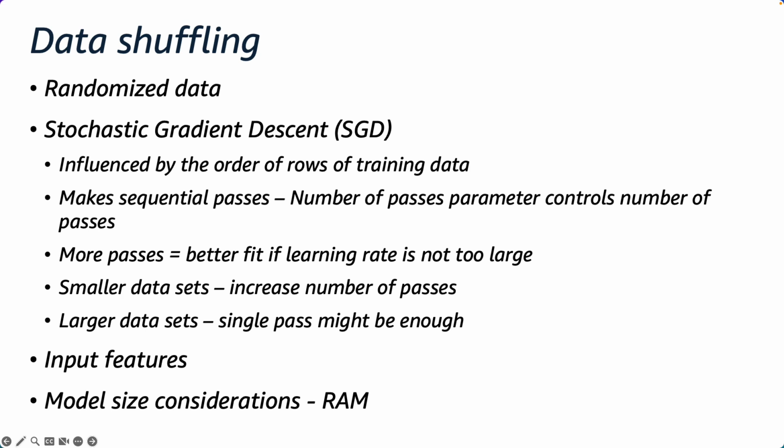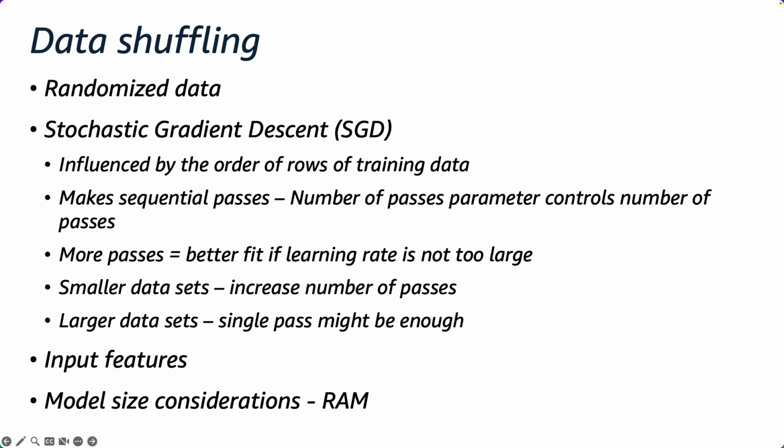The stochastic gradient descent algorithm also makes sequential passes over the training data, so the number of passes parameter controls the number of passes that the algorithm makes over that training data. More passes result in a model that fits the data better if the learning rate is not too large, but the benefit diminishes with an increasing number of passes.